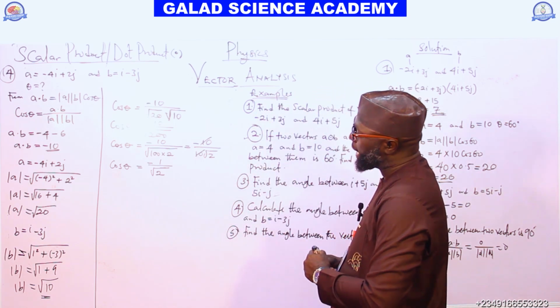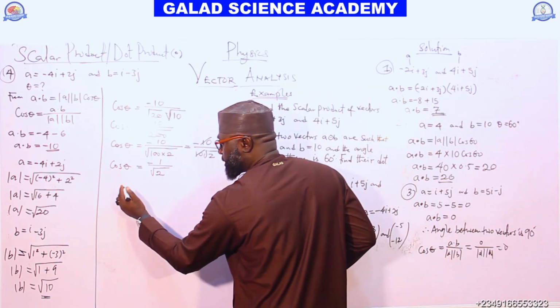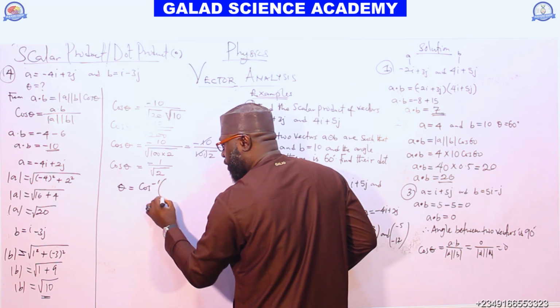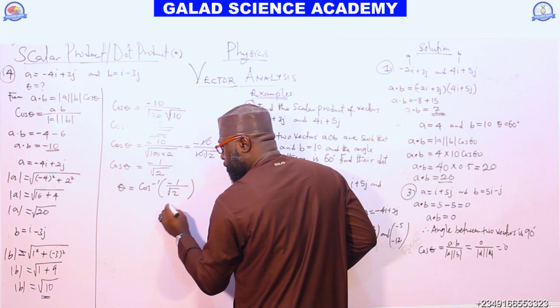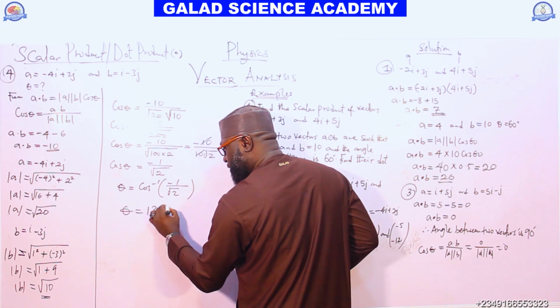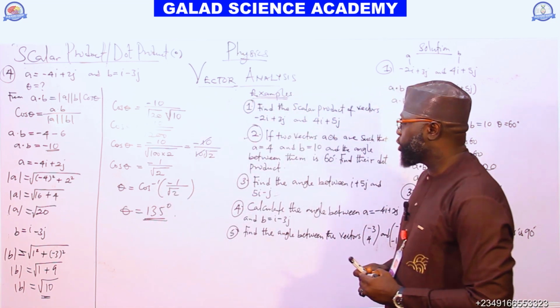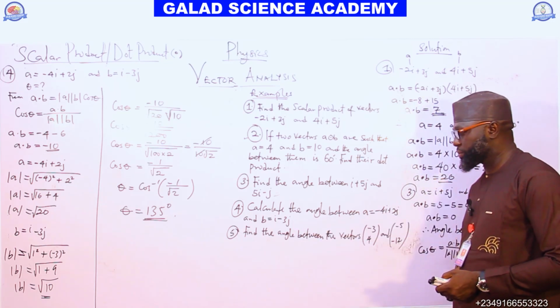Theta is cos inverse of minus 1 over root 2, which gives you theta equal to 135 degrees. So that is the angle between the two vectors.